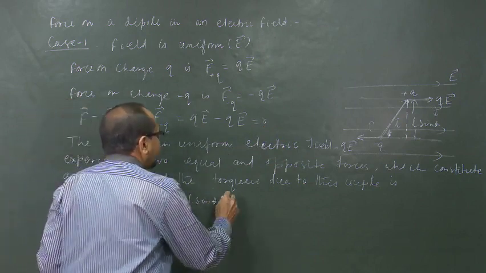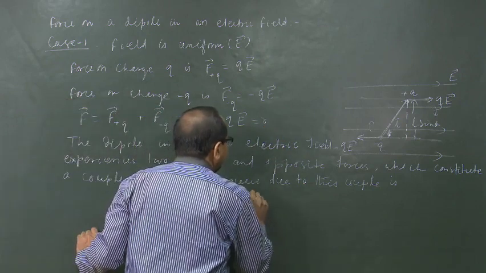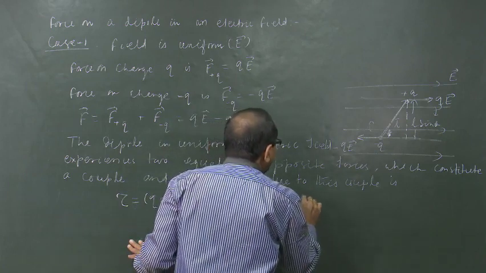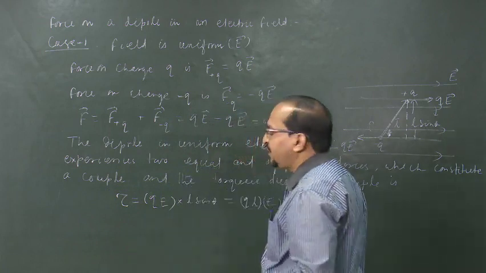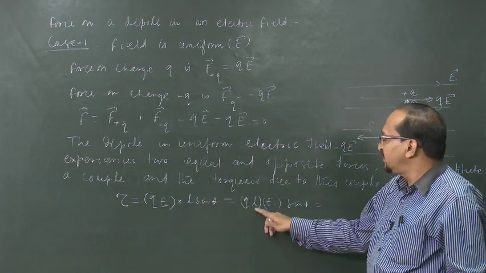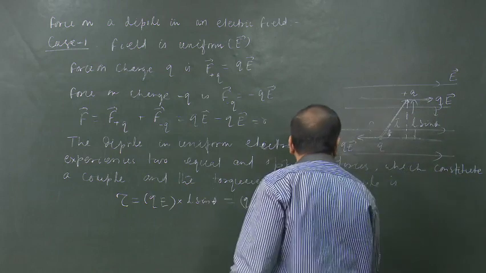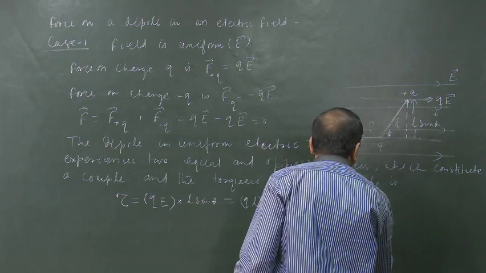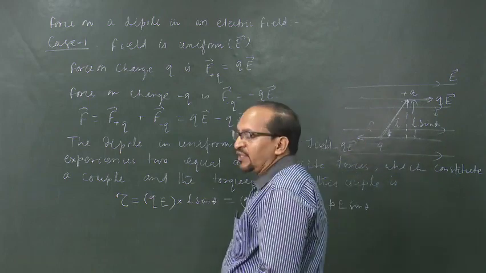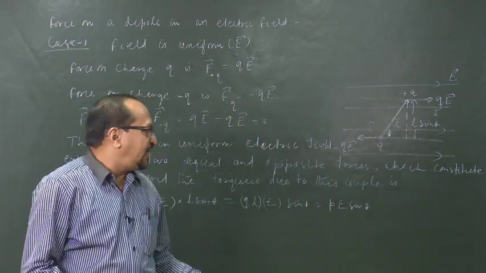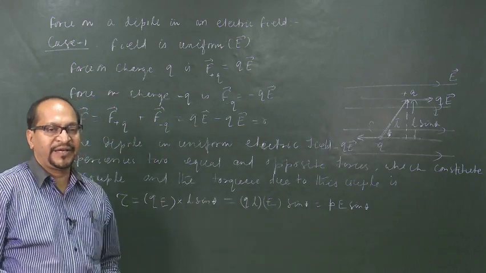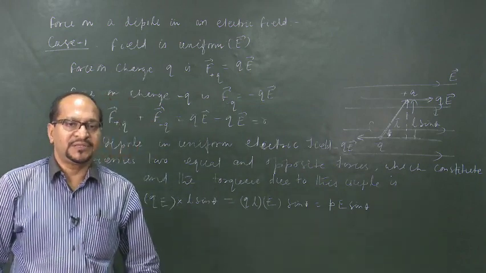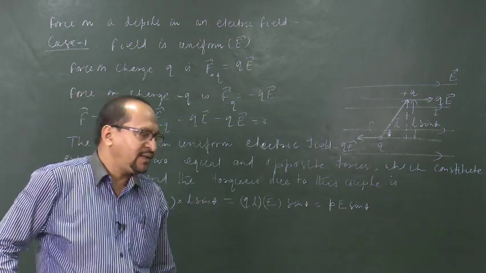So, we can rearrange it as QL into E into sin theta. And what is QL? The product of charge and the distance between the charges is the electric dipole moment. So, it is P into E into sin theta, and we know torque is a vector quantity, and P E sin theta is the magnitude of the cross product of P and E. P is the dipole moment and E is the electric field.